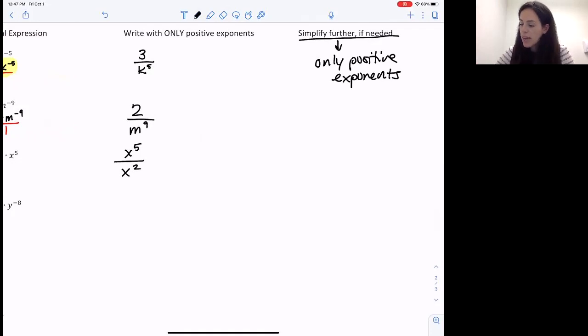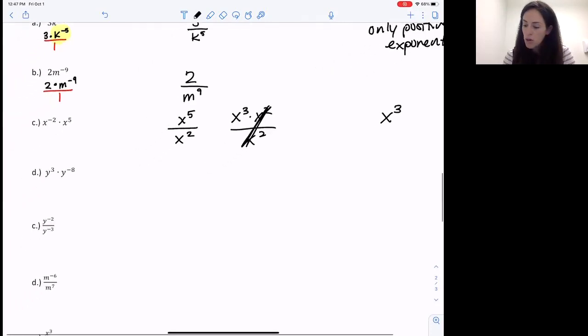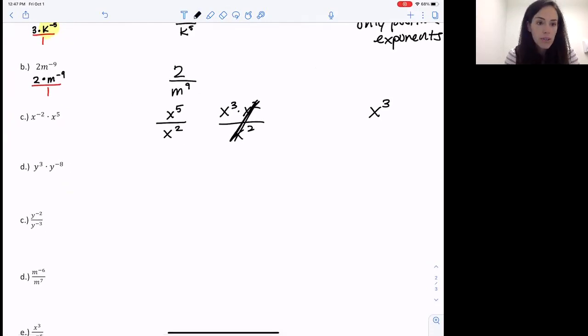Here I'm thinking, okay, I have 5 x's in my numerator and 2 in my denominator. I know that two of the x's in the numerator are going to cancel with 2 of the x's in the denominator. I'm going to be left with x to the 3rd as my final answer. You go ahead and try the next one, y to the 3rd times y to the 8th.